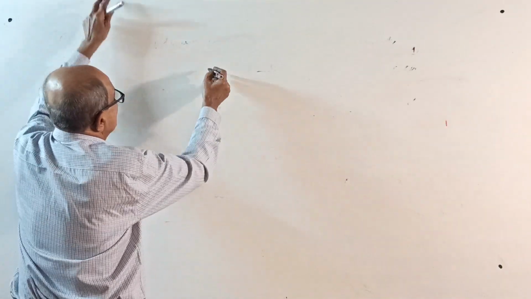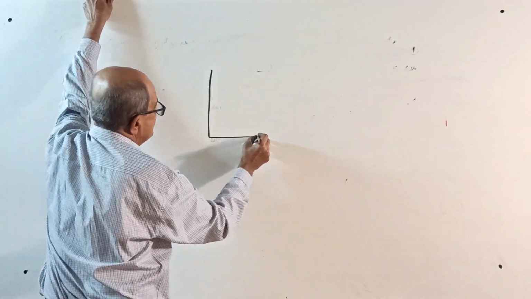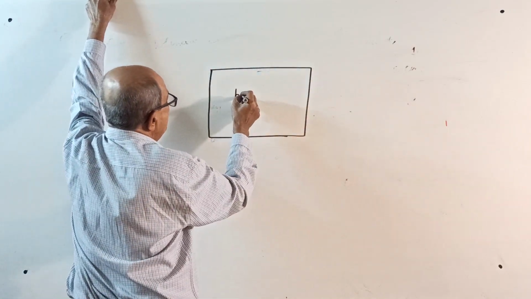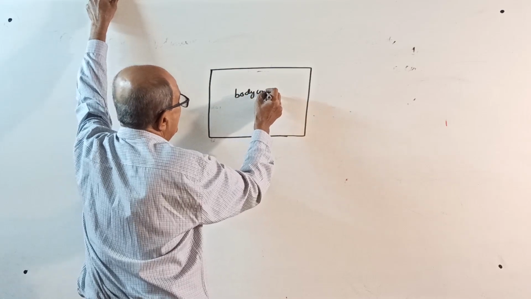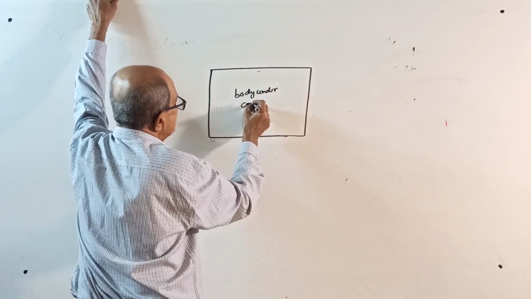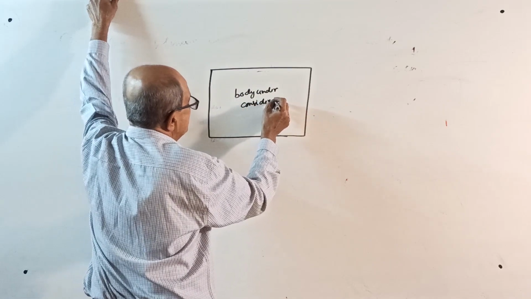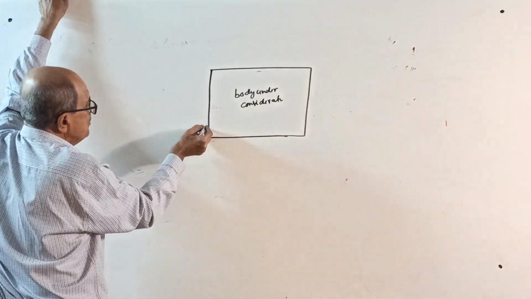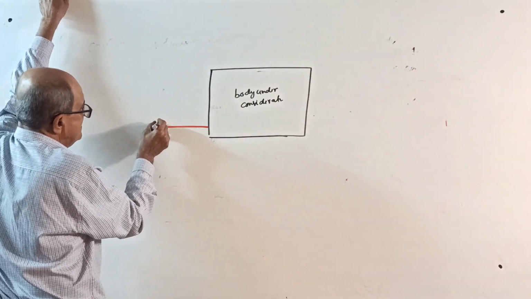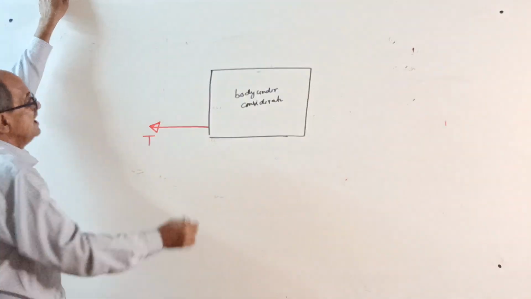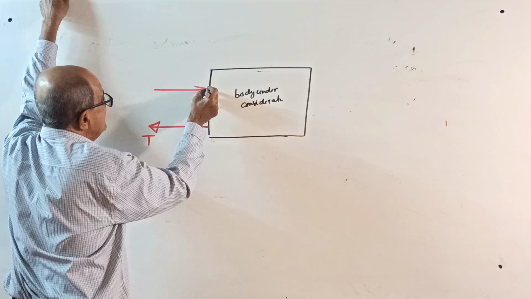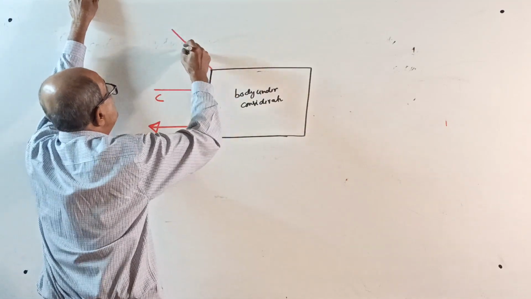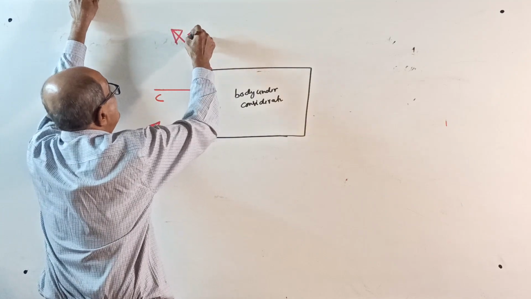So see here now. Suppose there is a body. This is the body under consideration. Then if a force is acting this way, it is tension. If a force is acting this way, it is compression. Or if a force is acting this way, it is tension.